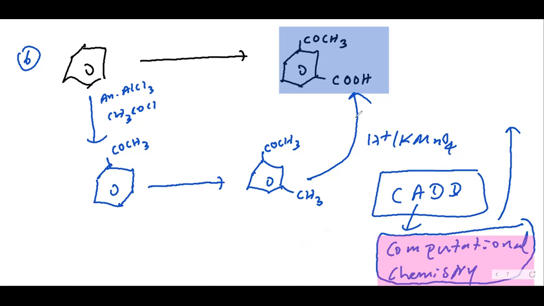Remember, medicines or drugs in the world are prescribed by doctors, but synthesized or discovered by chemists. Who discovers the drug? Chemists. Who prescribes the drug or the medicine? Doctors. So the most important thing is not to prescribe drugs, but to discover drugs.